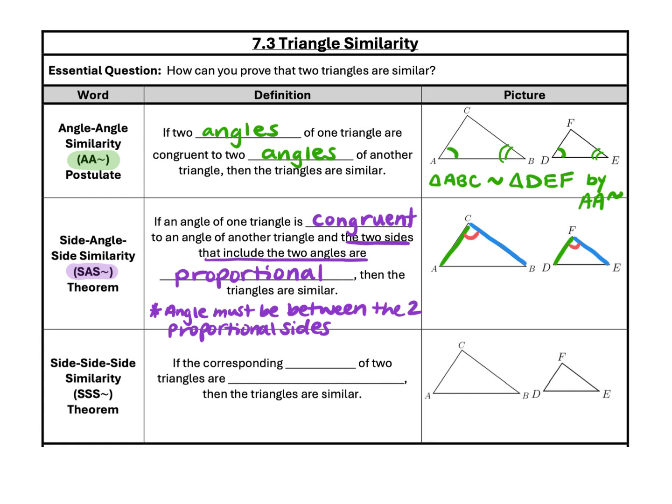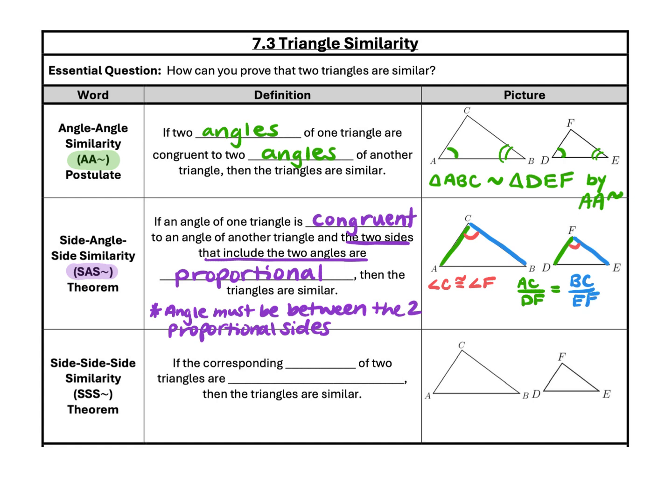Here's what we have. So in the diagram, we have angle C is congruent to angle F. And then the sides, notice I didn't mark them congruent. The sides aren't congruent, they are proportional. So we could say something like AC over DF will be equal to BC over EF.